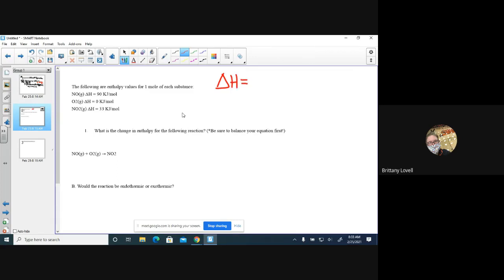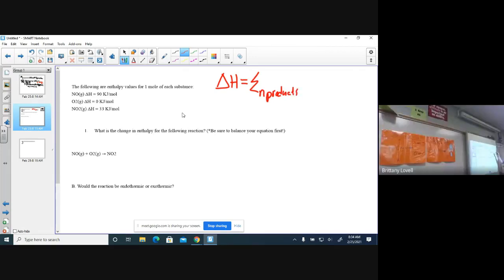It's going to be equal to, and this is the formula with all the weird signs in it, basically the sum of the moles, or the coefficients, of the products times the product's delta H, minus the sum of the moles, the coefficients, times the delta H of the reactants.